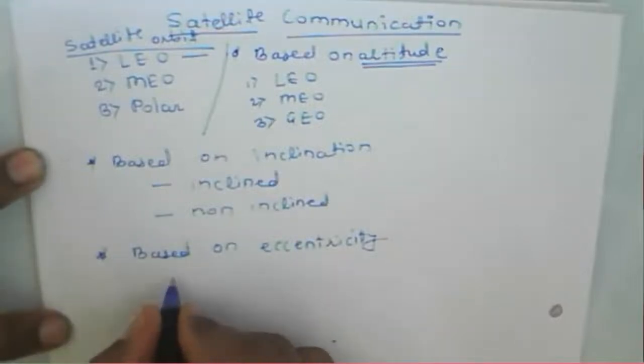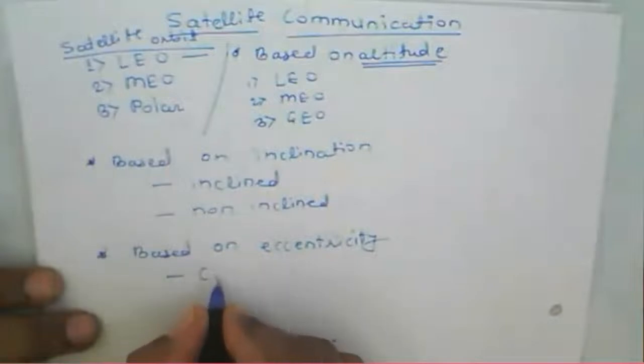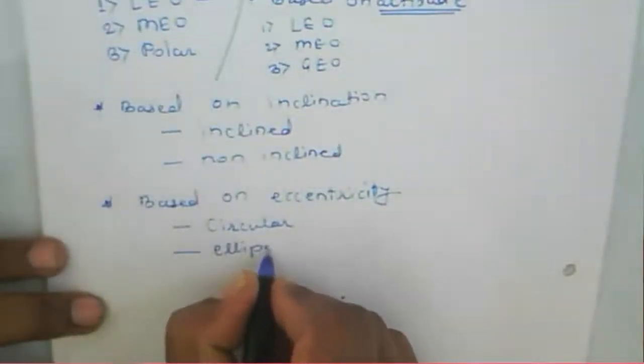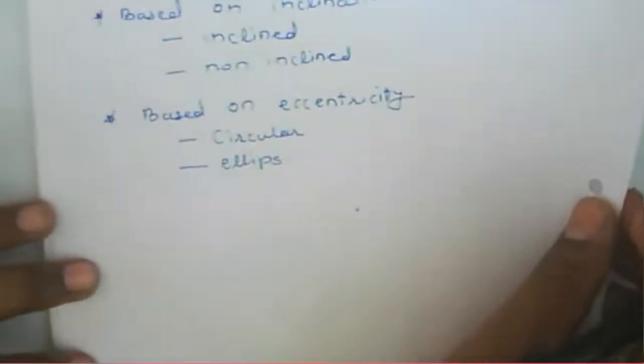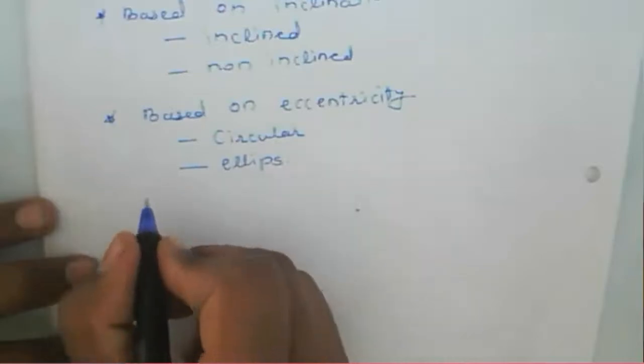Based on eccentricity means what? If the eccentricity value is zero, then the orbit becomes circular. If the eccentricity is non-zero, your orbit will be an ellipse. Means satellite orbits can be defined based on the altitude, the inclination, and the eccentricity.